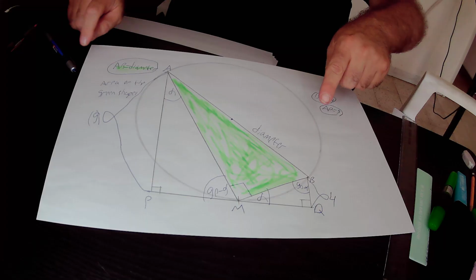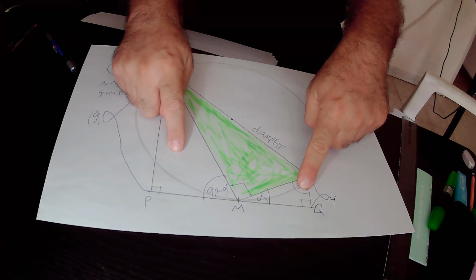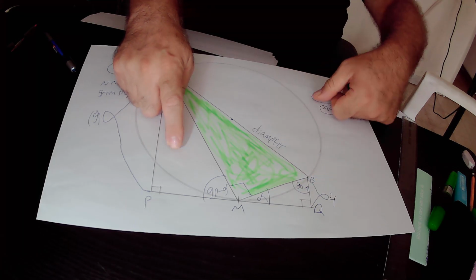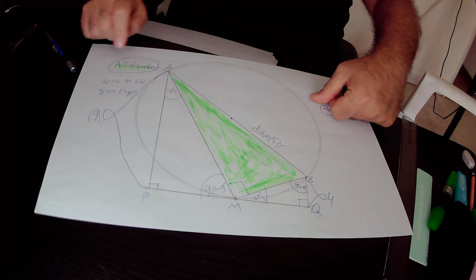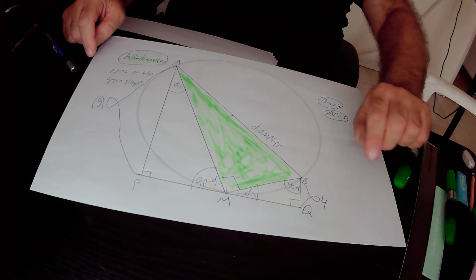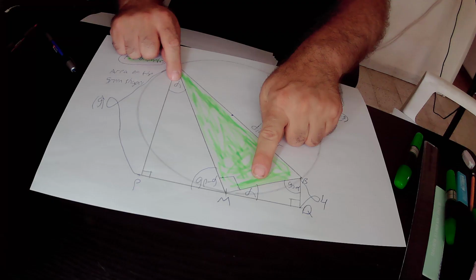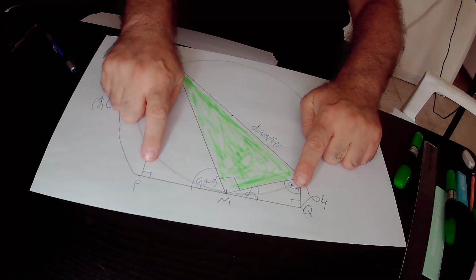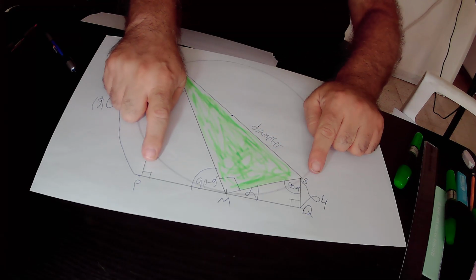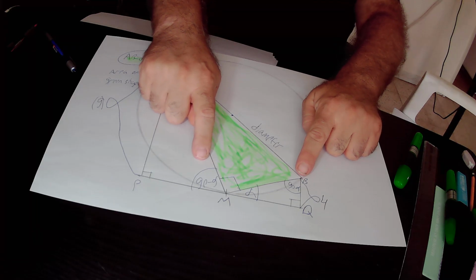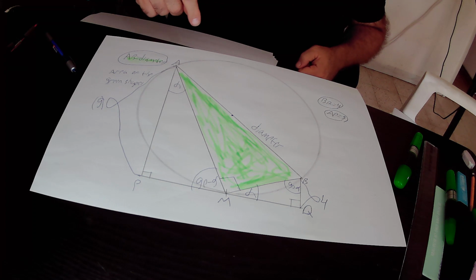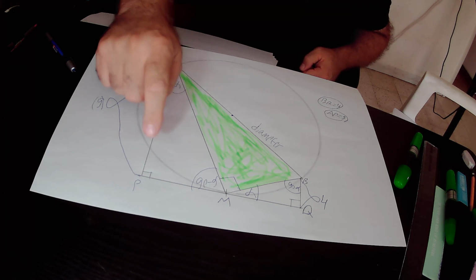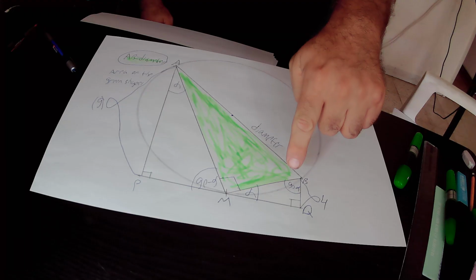In the next step, we prove that those two right triangles are similar to each other according to angle similarity. That is to say, the big right triangle APM is similar to the small right triangle BMQ. Those two angles are both equal to alpha and therefore they are equal to each other. In addition, those two angles are both equal to 90 degrees and therefore they are equal to each other. And finally, those two angles are both equal to 90 degrees minus alpha and therefore they are equal to each other. So all the angles of the big right triangle APM correspond and are equal to all the angles of the right triangle BMQ.